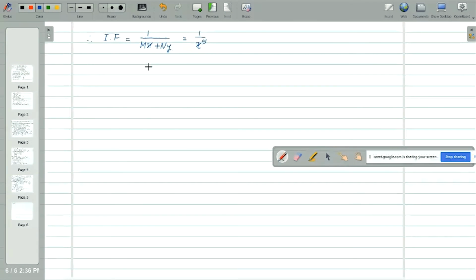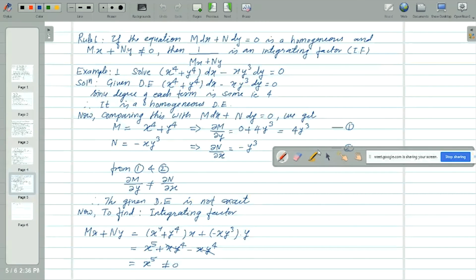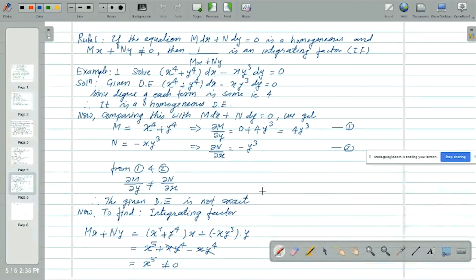Okay, now multiplying this integrating factor into the equation, this is the equation number star.